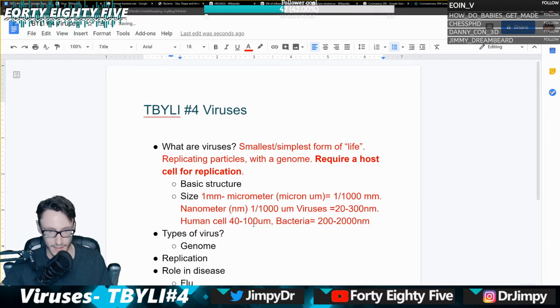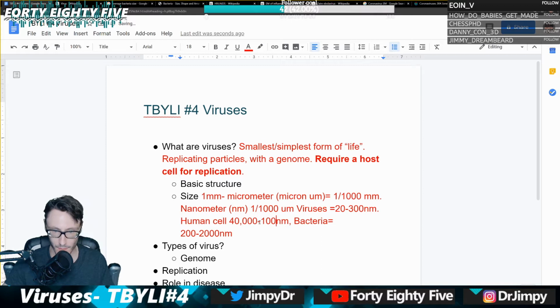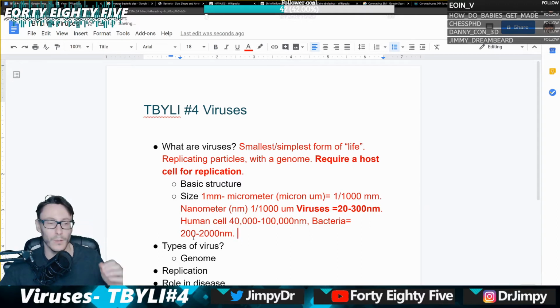Let's put them into the same units so we can understand where they sit. 40 micrometers is 40,000 nanometers, up to 100,000 nanometers. So you can see that viruses are smaller than bacteria, and they are smaller than human cells. Massively smaller. Just to give you an idea of the scale and size of the world around us and all these agents that are causing us all this ill health. They are very, very small.